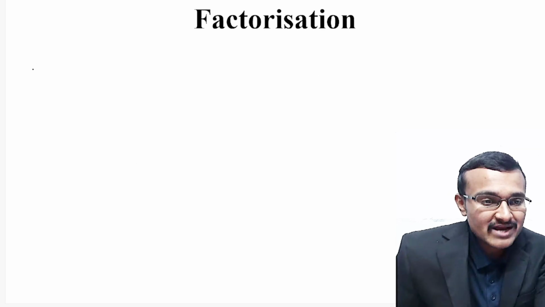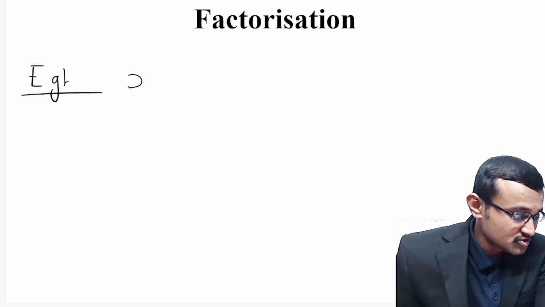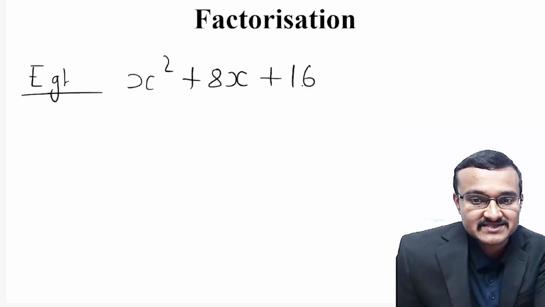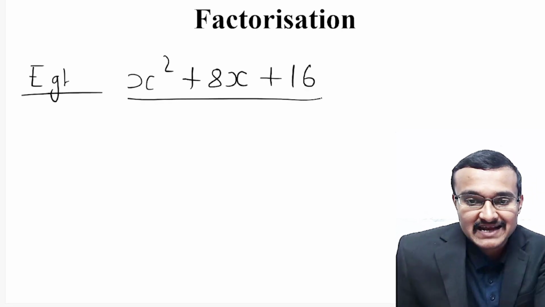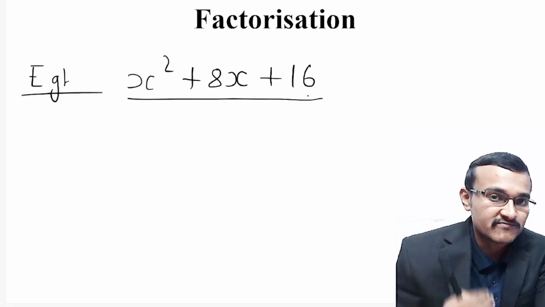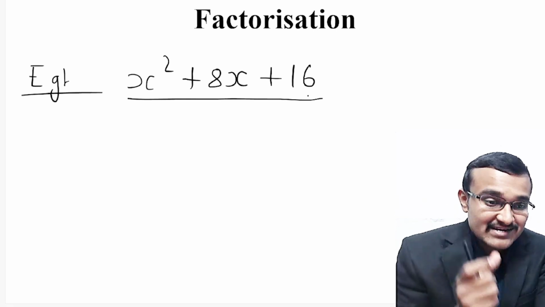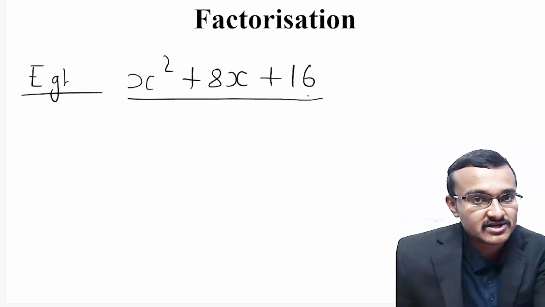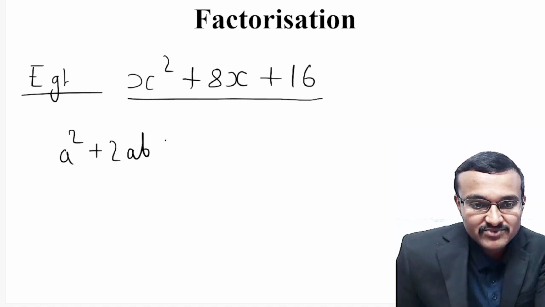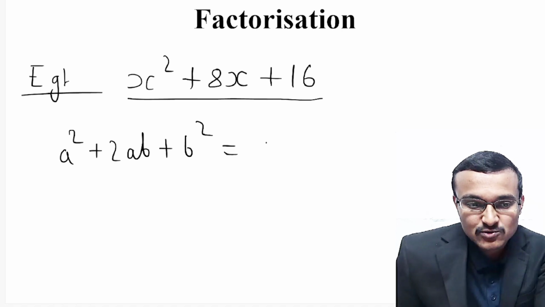So coming to one particular example. So x square plus 8x plus 16 is there. So this particular algebraic expression, you should actually reduce it to one of the identities and try to get the factors of this particular algebraic expression. So now we know that a square plus 2ab plus b square is actually equal to (a plus b) whole square.